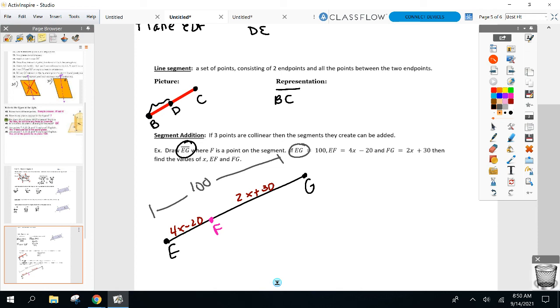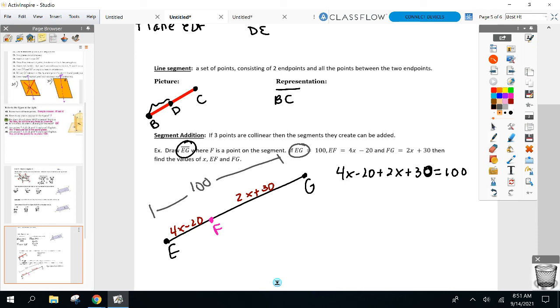You ready, Grace? All right, let's roll. 4x minus 20 plus 2x plus 30 equals 100. Perfect. Great job. Everyone see where you got that from? Add the two pieces up. They equal the whole of 100. Can you solve that? I don't have time to go over this with you.